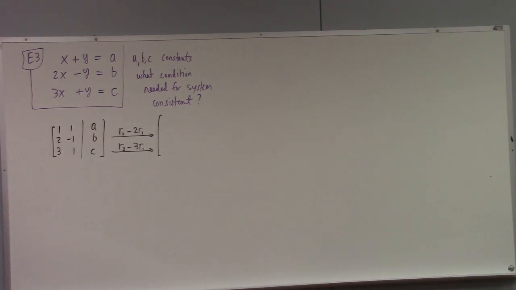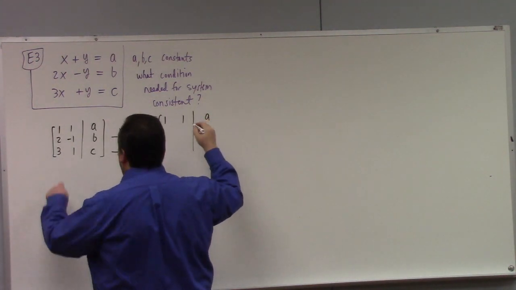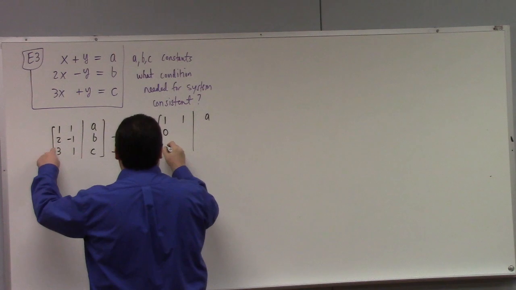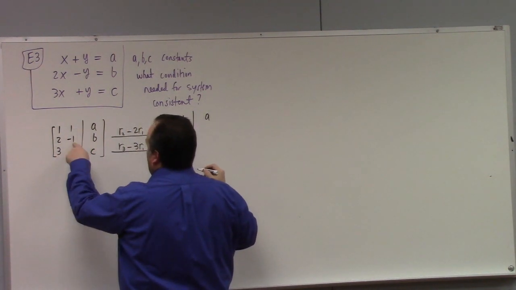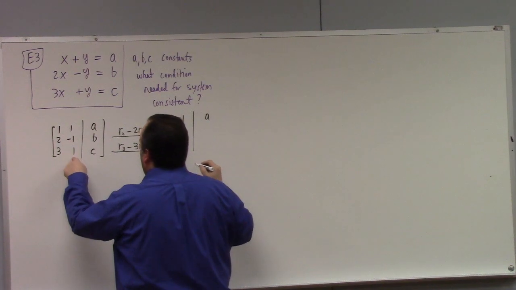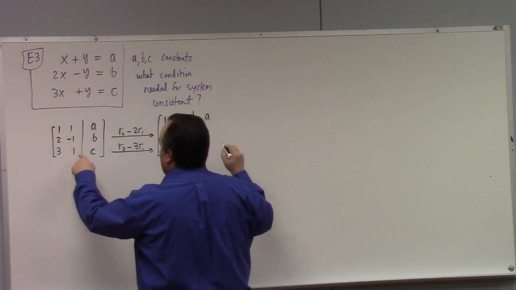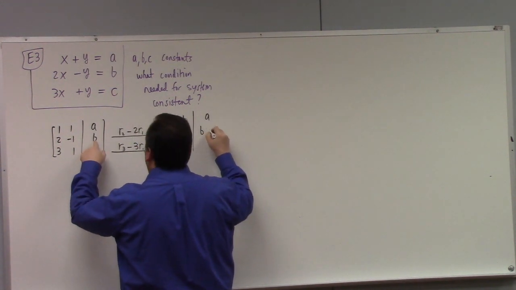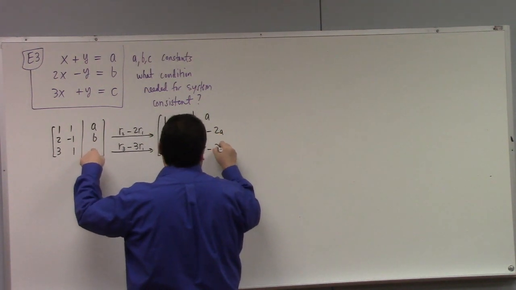So the top row remains unaltered, but in the next one, I get 0, and I get 0 here. Let's think through it. Minus 1 minus 2 is minus 3. And down here, I get 1 minus 3, which is minus 2. I get b minus 2a, and I get c minus 3a.